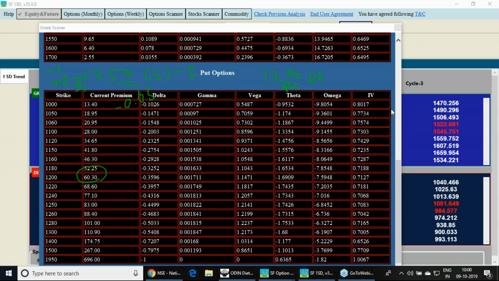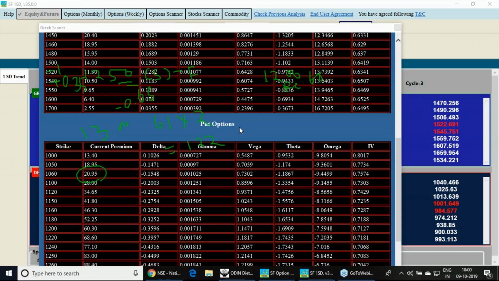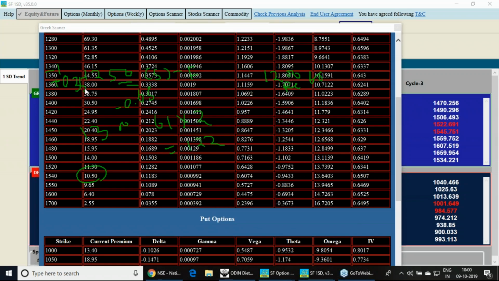If you buy two lots of the 1300 call option, 61 into 2, you get it for about 120, 122. But this is just close-ended: on the downside you may not make any profit, on the upside you will make a profit. And by this process, the 1300 call option also has a 0.5 delta.